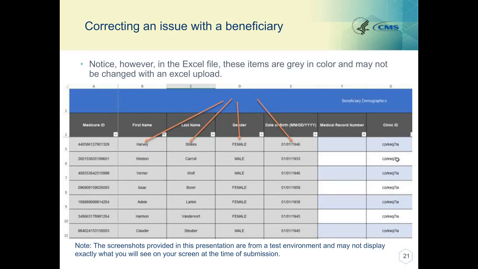So if you want to change any of those values, do so within the CMS web interface. Please note that you can't change ranks anywhere, and you can't change the Medicare ID anywhere, either in the system or with the Excel template. Those remain constant for your beneficiary throughout the reporting period.